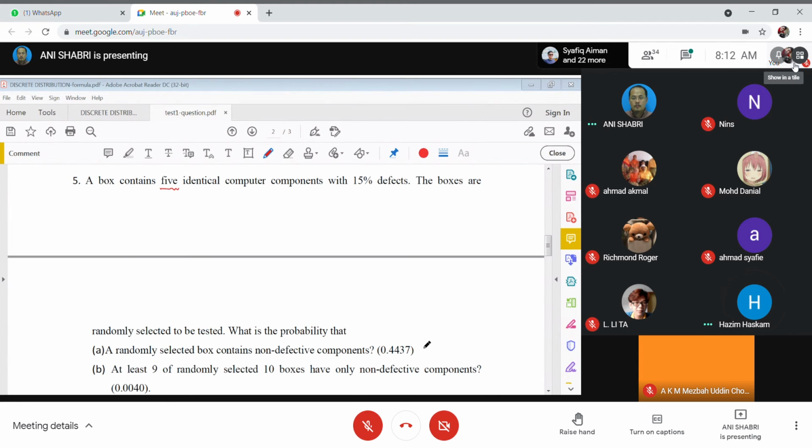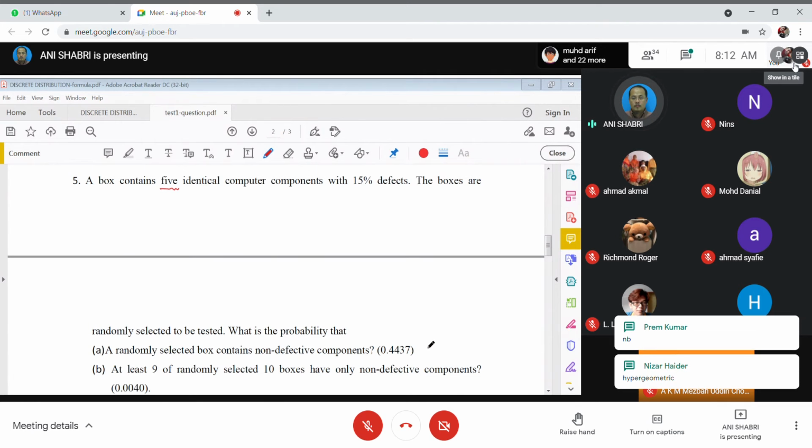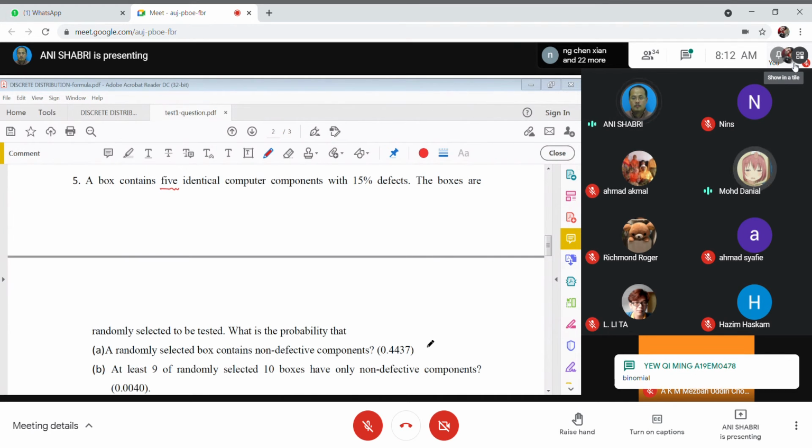Geometric? Geometric is wrong. Negative binomial is wrong. Hypergeometric is also wrong, hypergeometric must have a capital N. The first is binomial.